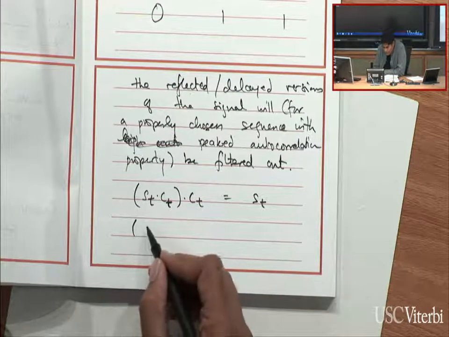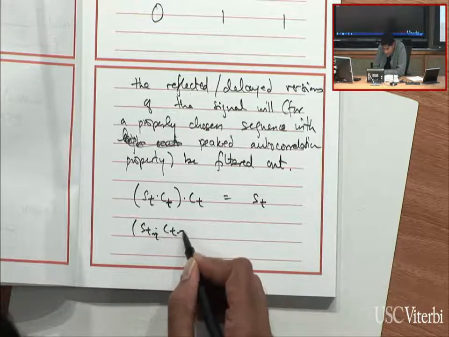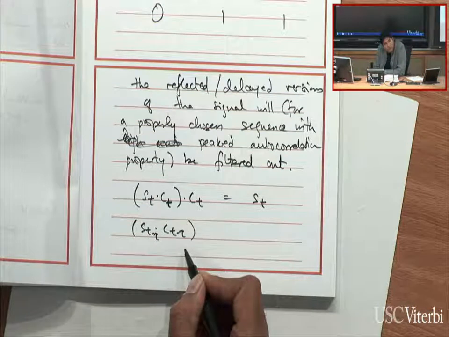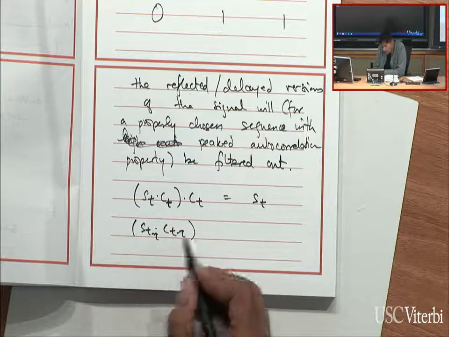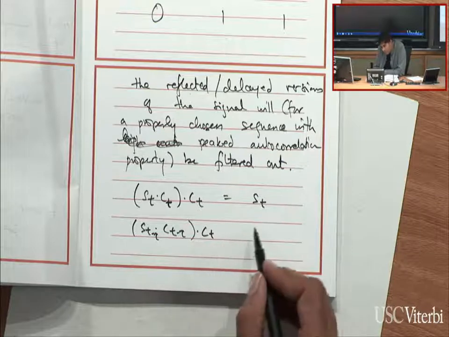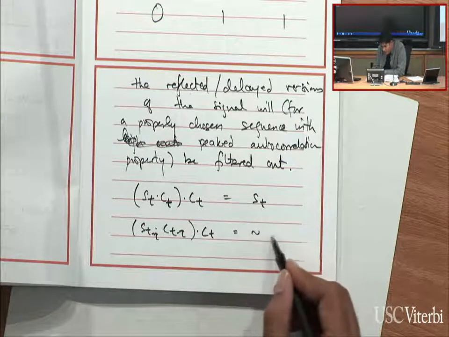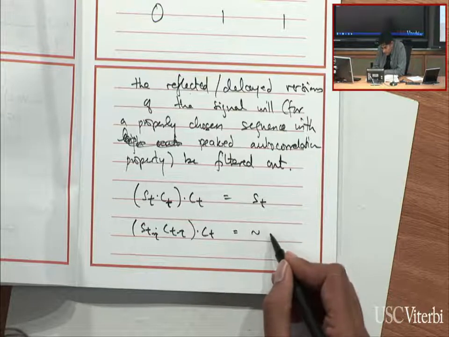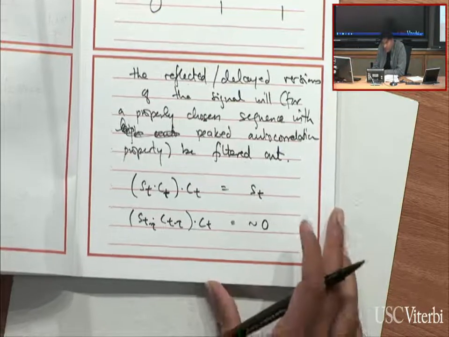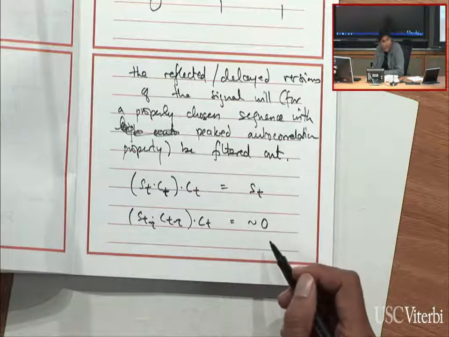But if I take the time-shifted version of this, which is there's some time shift being applied to the signal, and I try to decode it with the original chip sequence, what I'll get back would basically be ignored.